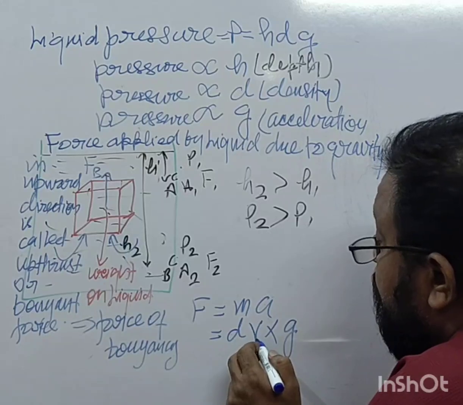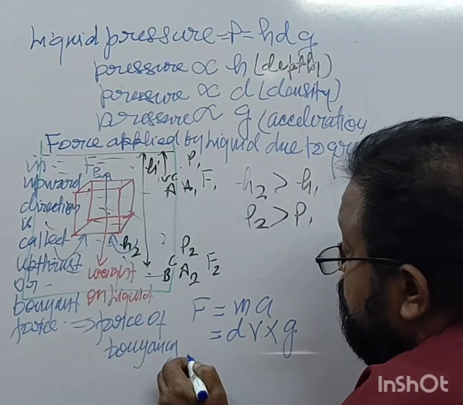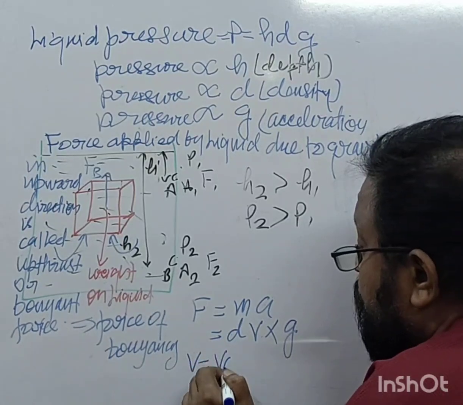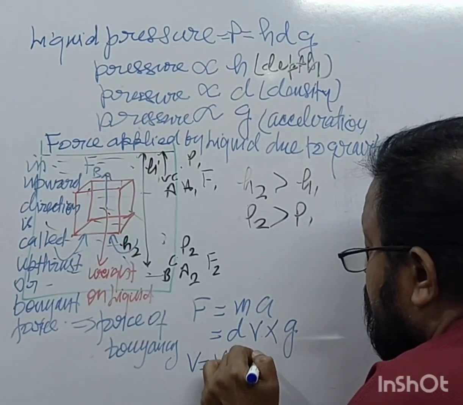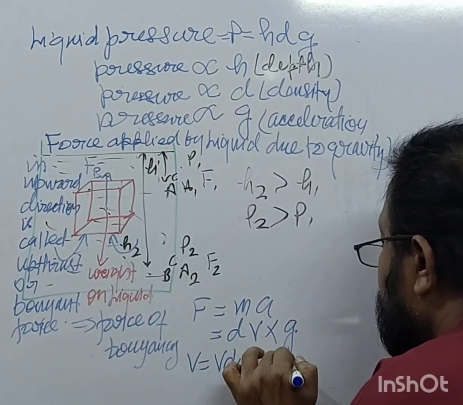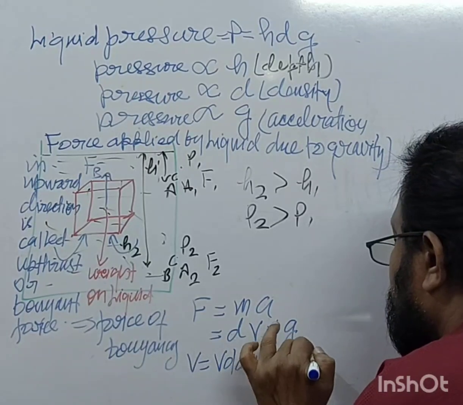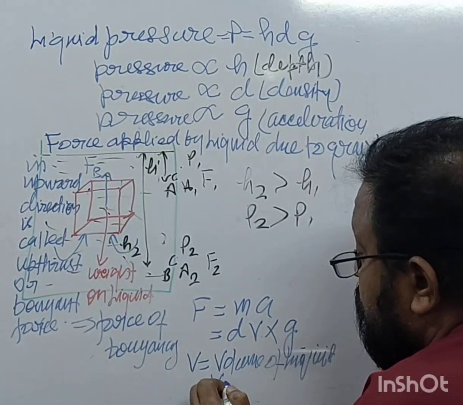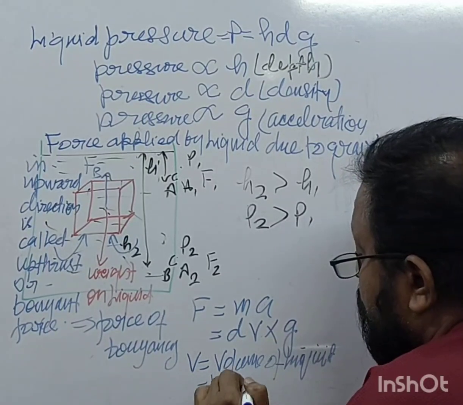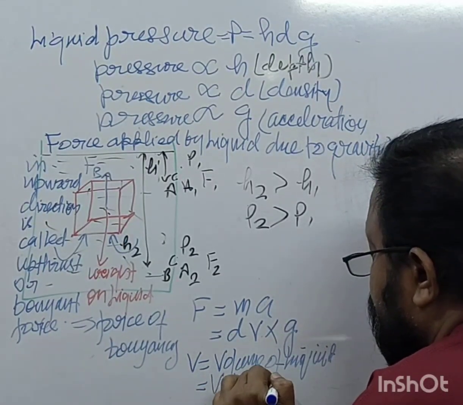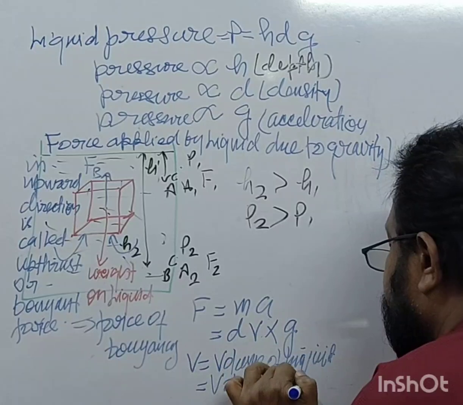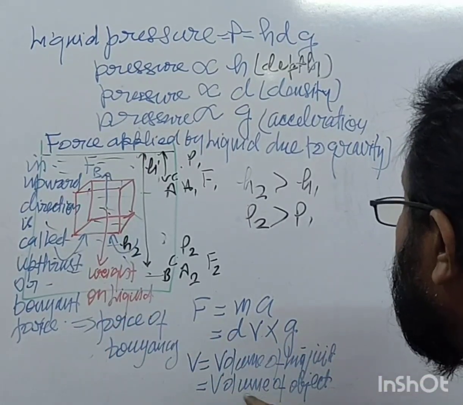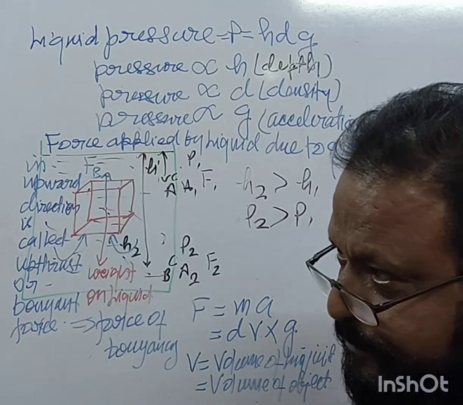So this V is equal to volume of liquid, which is equal to volume of object, right? Volume of liquid is equal to volume of object.